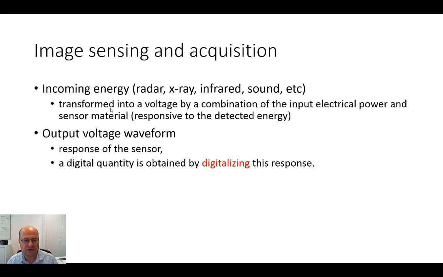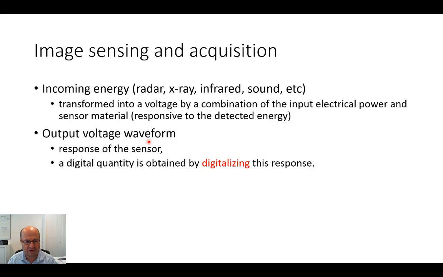So this signal is transformed into a voltage by a combination of input electrical power and sensor material that's responsive to the detected energy, of course. Of course, you cannot use a sensing device that senses X-rays to sense infrared or any other sort of energy.